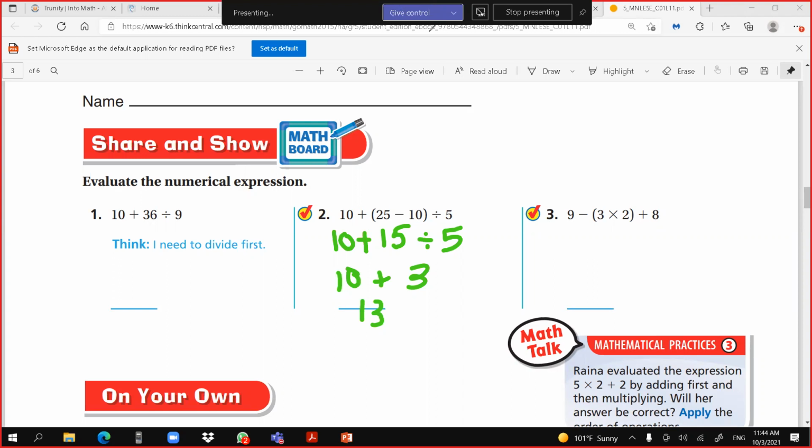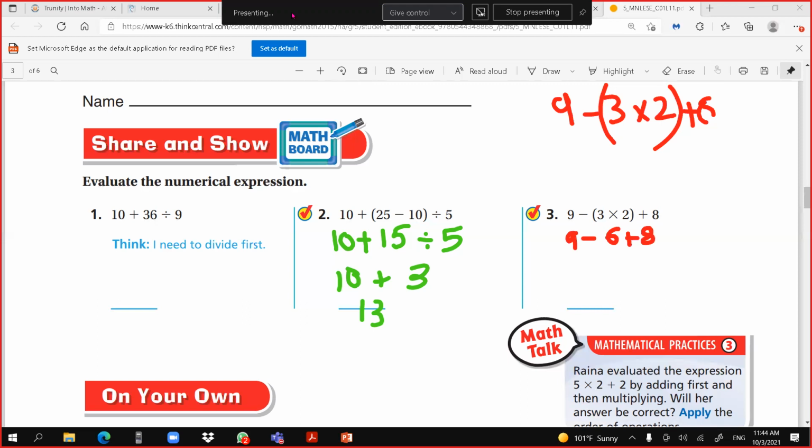Okay, Sarah. 9 minus 3 times 2 plus 8. Bravo. 3 times 2 is 6. Bravo. So then 9 minus 6 plus 8.